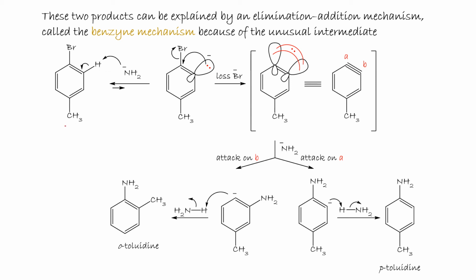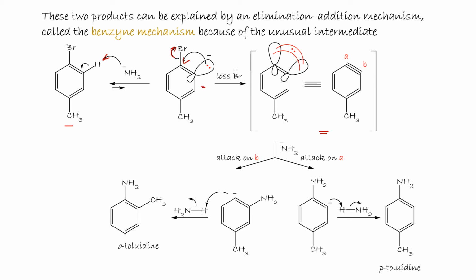The first step is elimination: the hydrogen is removed by proton transfer to form the anion, then it expels the bromide to form the benzyne intermediate.